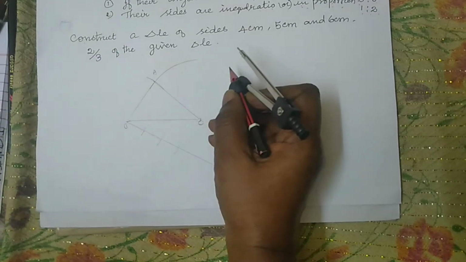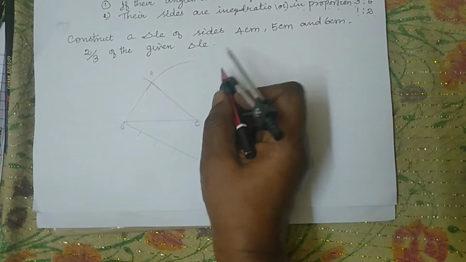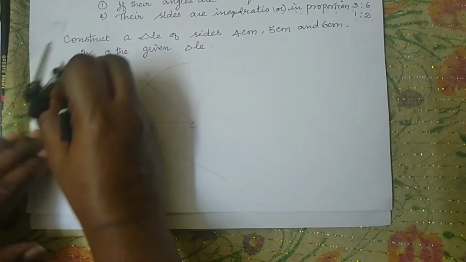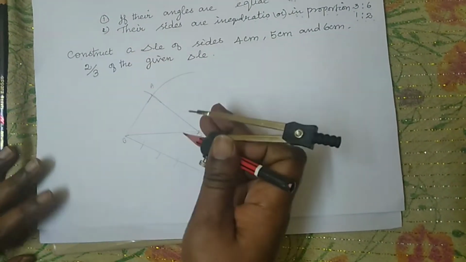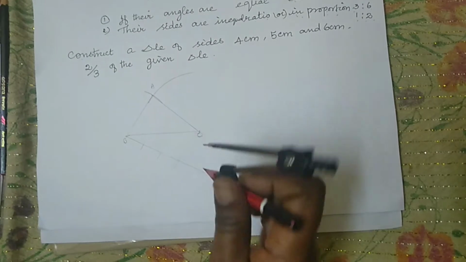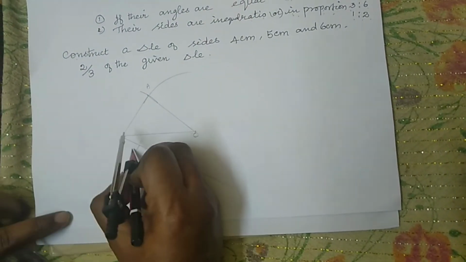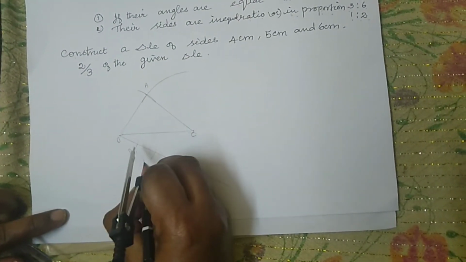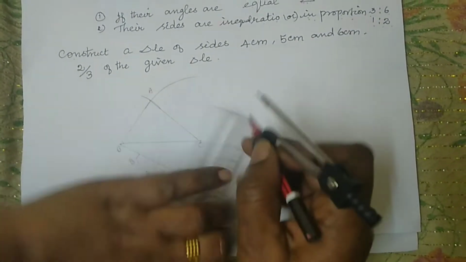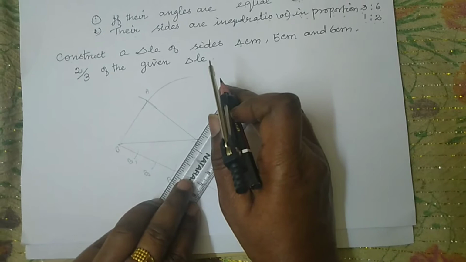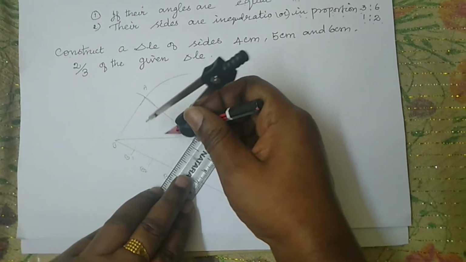So this triangle what we are going to form, it should come inside the triangle because the numerator is 2/3. So numerator is 2. So it comes inside the triangle. So what to do? Now I have to mark this as B1, B2, B3. Now I join this B3 with C.